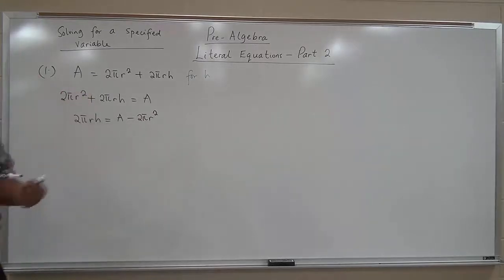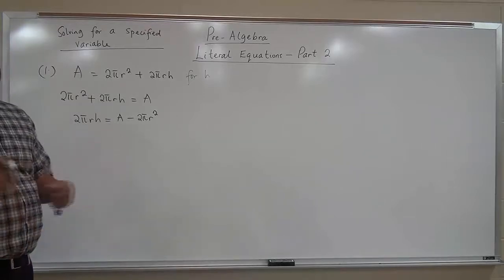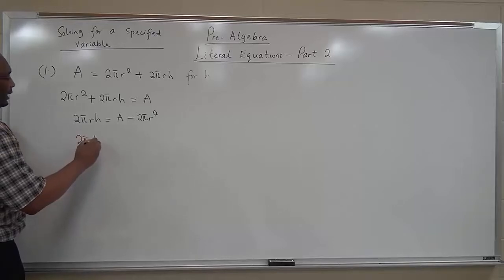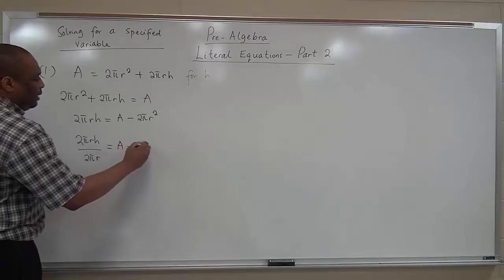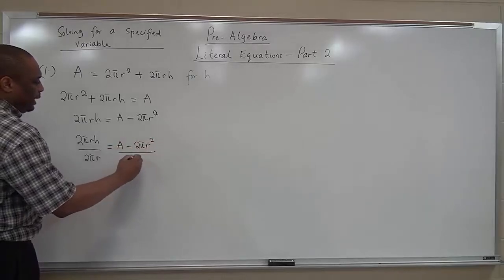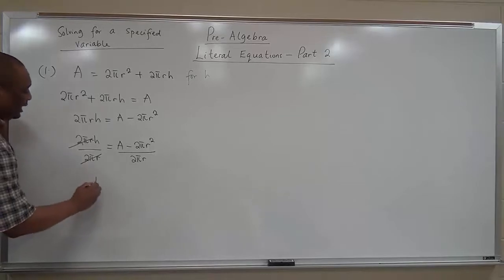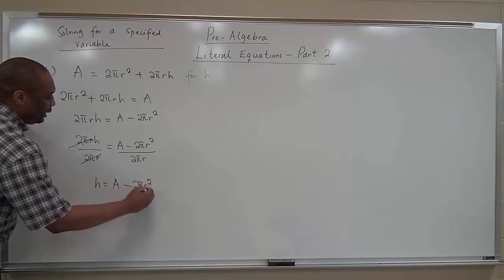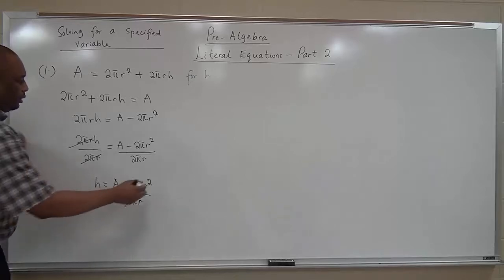Then the next thing is you can now divide both sides by 2 pi r. So we have 2 pi r h divided by 2 pi r equal to A minus 2 pi r squared divided by 2 pi r. So this will cancel. You now have that h is equal to A minus 2 pi r squared all over 2 pi r. And this becomes your answer.